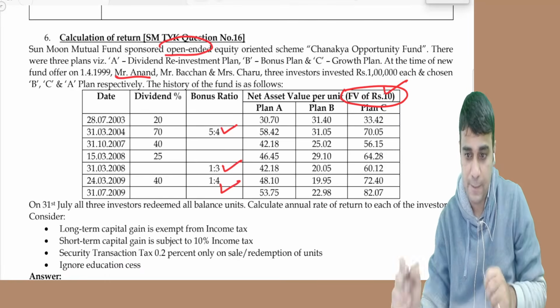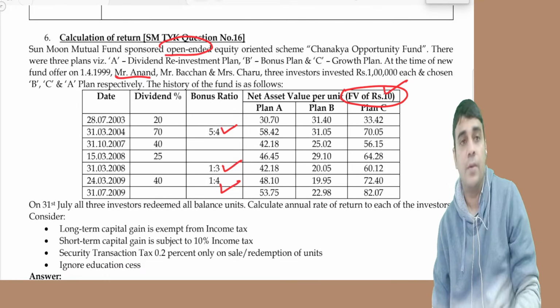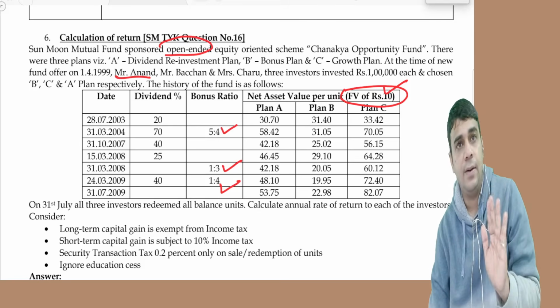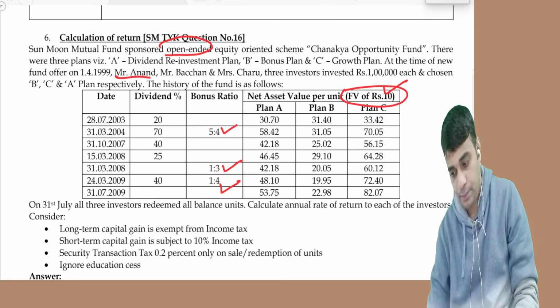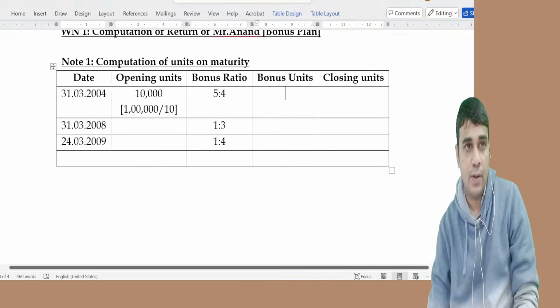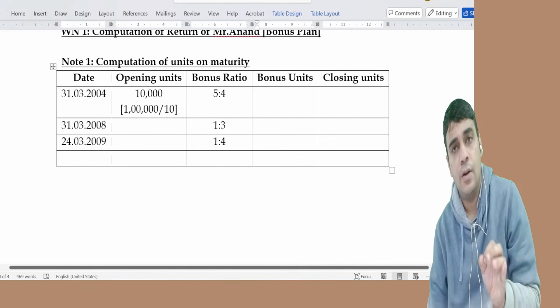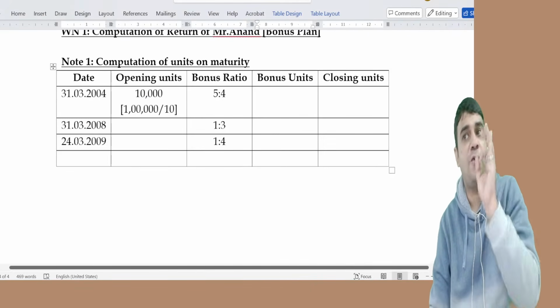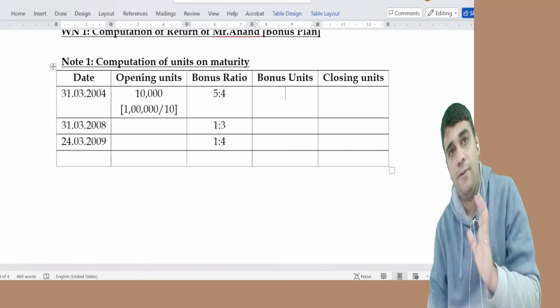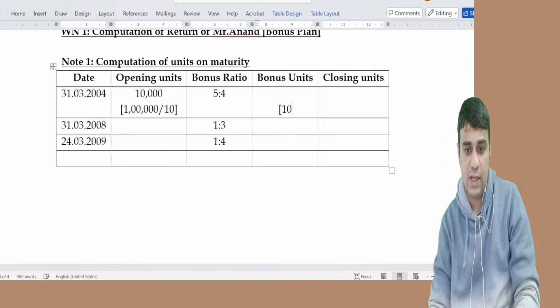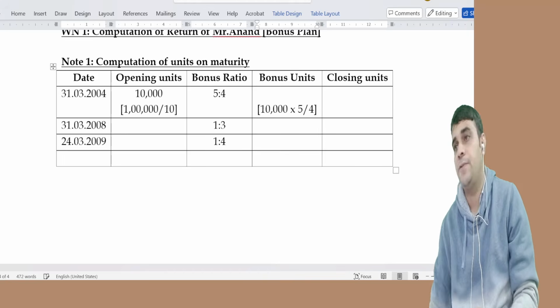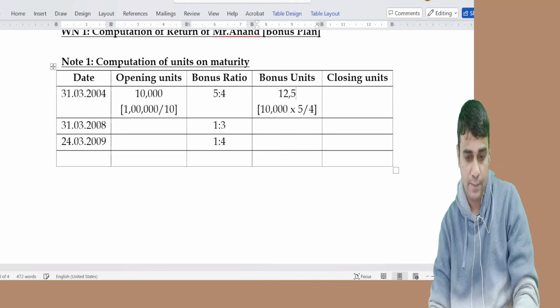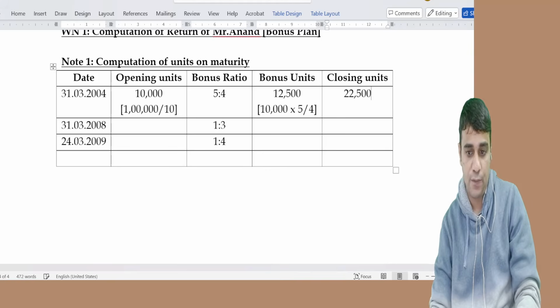The assumption is that if nothing is given, it will be at face value. Any doubts on this? What is the bonus ratio? 5:4 means 5 units extra for every 4. So in this, 10,000 into 5 by 4 gives 12,500 extra units. Closing is 22,500.